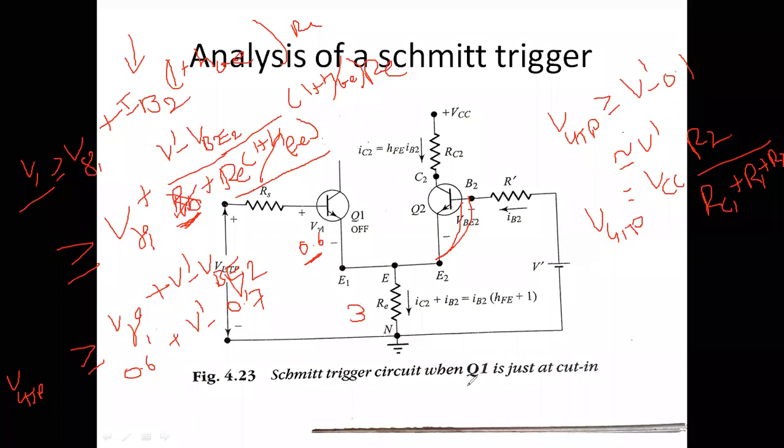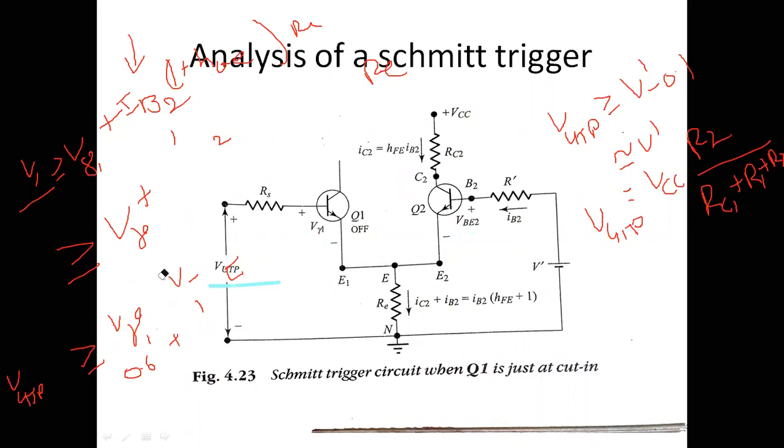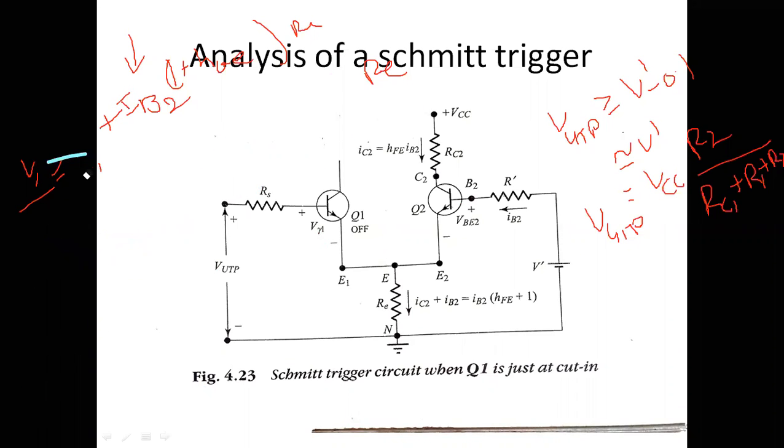From this expression, you can observe that your upper triggering voltage depends only upon your supply voltage VCC, R1, R2, and RC1. It won't depend upon any HFE value, that is, the beta value of your transistor.